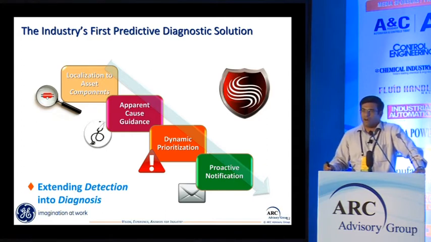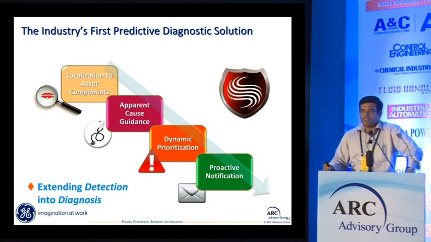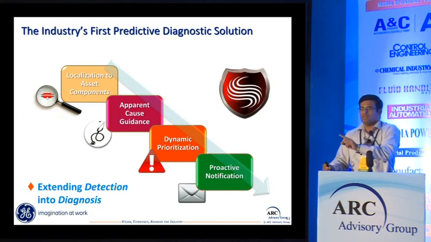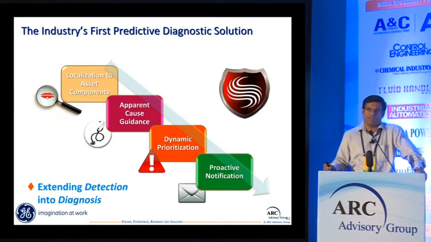If all the alerts start coming in addition to the DCS and the PLC alerts, I think the operators will not be able to operate a plant. They will only look at those alerts. So it's not to create amplification of chaos, but to give you an alert where normally you would have avoided it, but take it as a priority. And finally, connect to the people with a proactive notification that this is what you've got to look at.